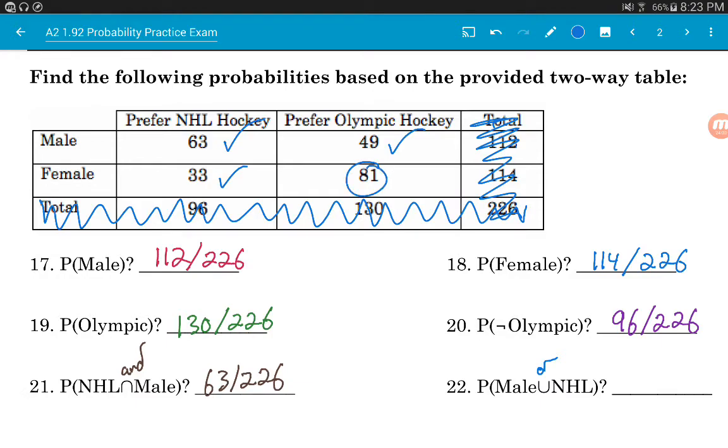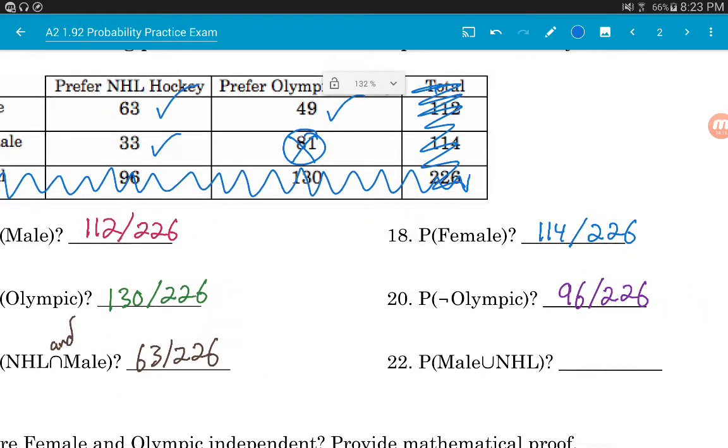So these right here are females who prefer Olympic hockey. They're not male. They do not prefer the NHL. They are not included. So what we do is we'll add these up. 63 plus 33 is 96. Plus 49 is 145. So we have 145 out of 226.